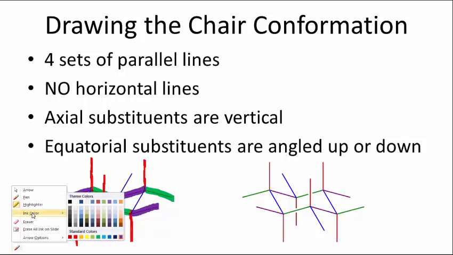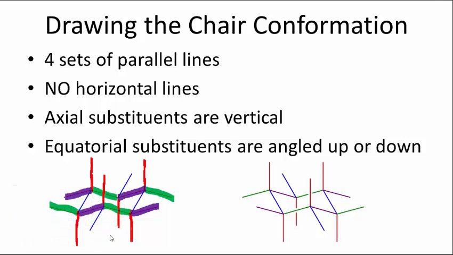And then I've got my blue ones here, here, here, and here. So chair structures always consist of those 4 sets of parallel lines, and at each vertex you'll see that there is one of each color represented.